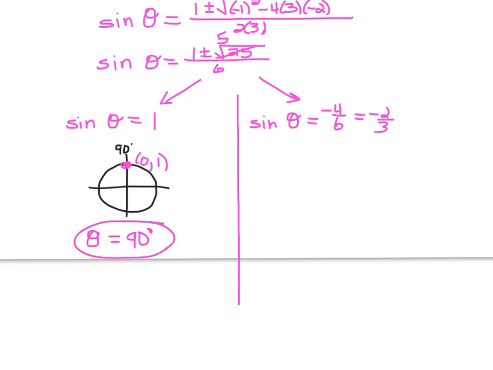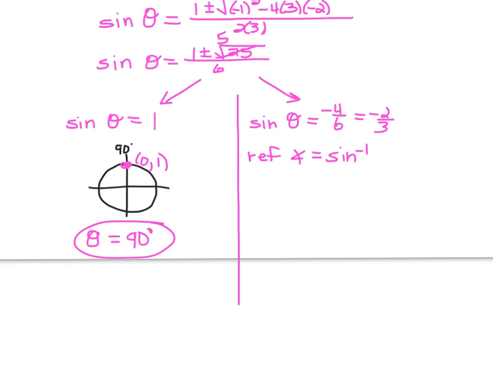Okay, now over here, let's see, we have sine of theta equals -2/3. Now, what we want to do is we want to take the sine inverse to find our reference angle, right? We want to take sine inverse of the positive of this value.